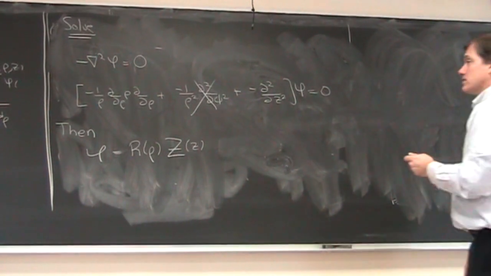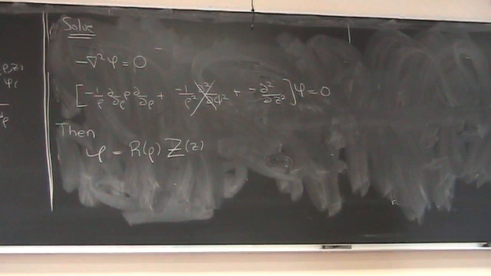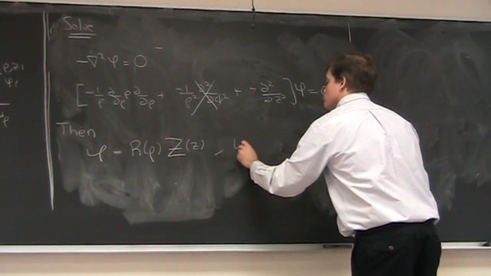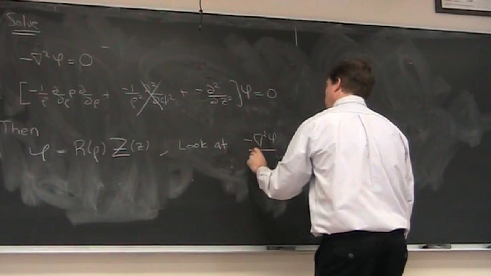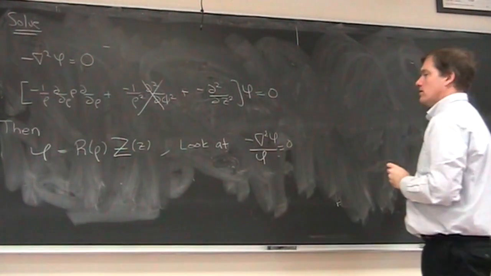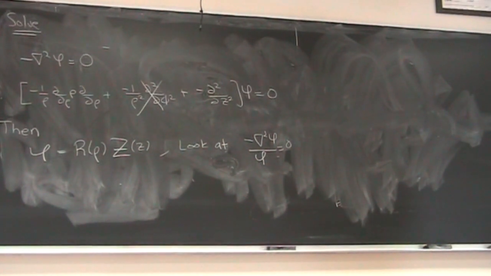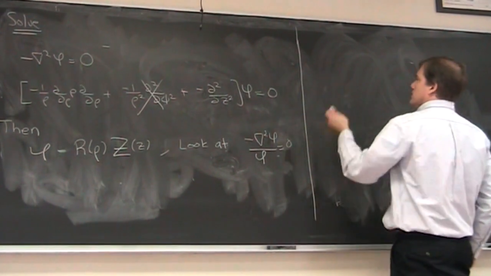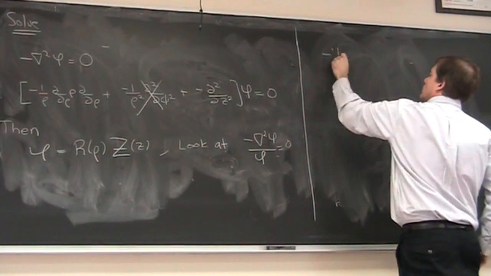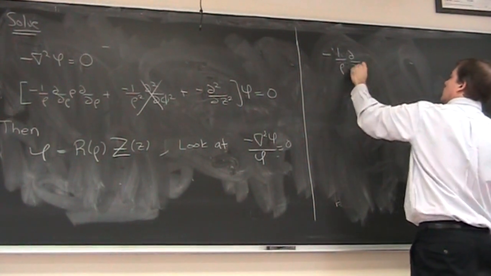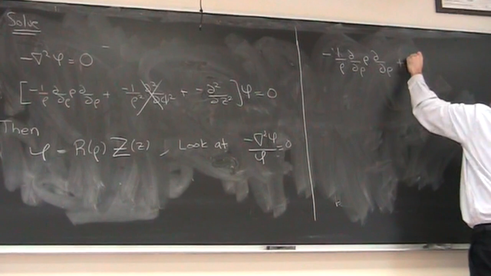Again, the procedure is always the same somehow. So you plug it in, and you're going to get some separated equations for R and Z. Okay, so what do we get there? So let me do minus 1 over rho, partial rho, rho partial rho, equals k squared.